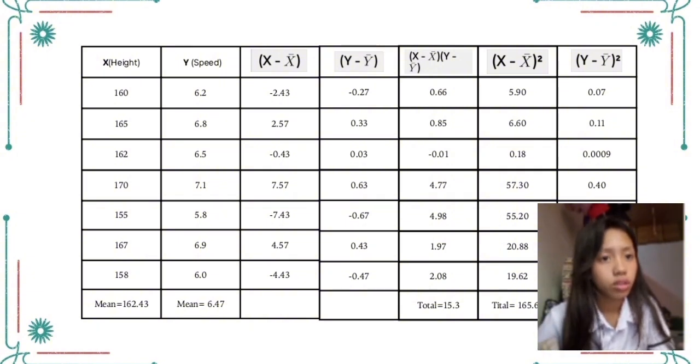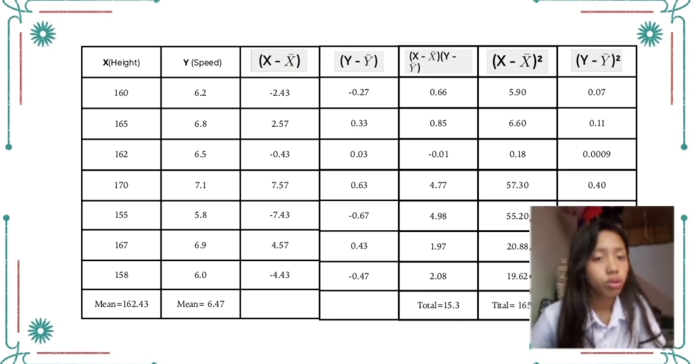Next is to multiply the difference of x minus x bar, the mean, and y minus y bar, the mean of the y variable. For example, 2.57 times 0.33 is equal to 0.85. Another example, 7.57 times 0.63 is equal to 4.77.